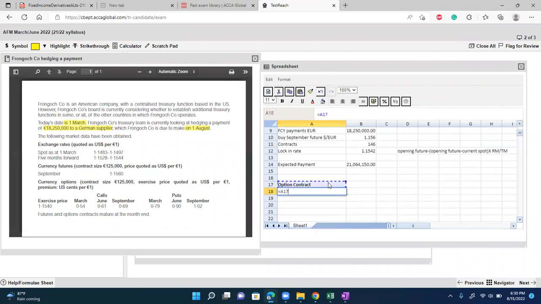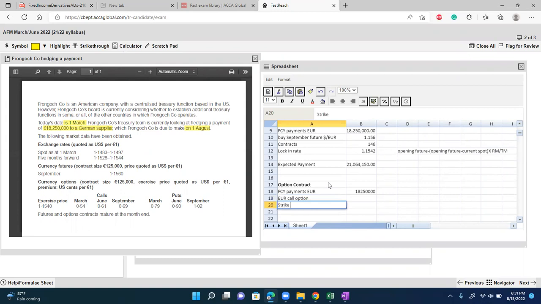Okay, first step is the same. Foreign currency is 18.25 million. Second step is buy future, so that means call option, right? We need to buy the euros, and the contract size is in euros, so it's a euro call option.